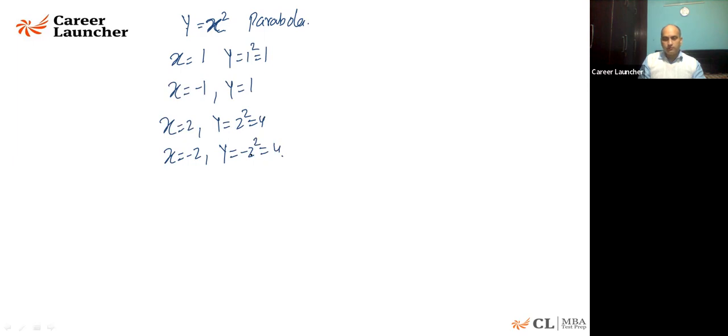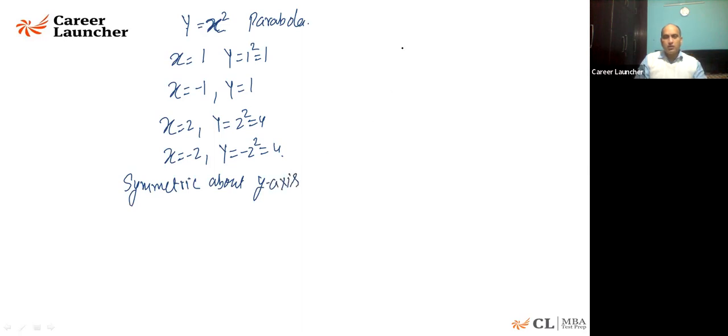What does that mean? That means whatever the value of x, whether it is positive or negative, the value of y will come out to be the same. That also says that it is symmetric about the y-axis. What does that mean?